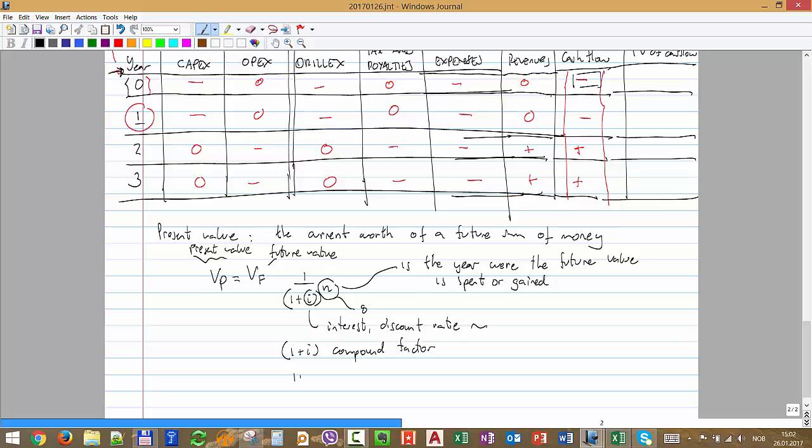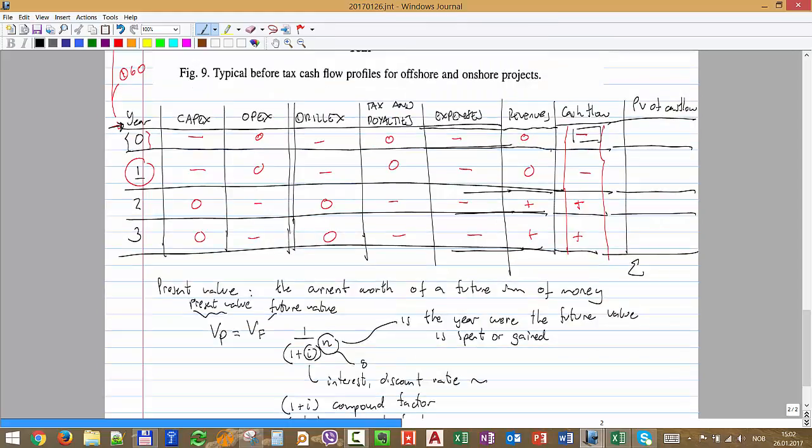And 1 over (1 plus i) we usually refer to as the discount factor. And at the end, I can make a sum of all of those present values of the cash flow, and that's what I call the NPV, the net present value.